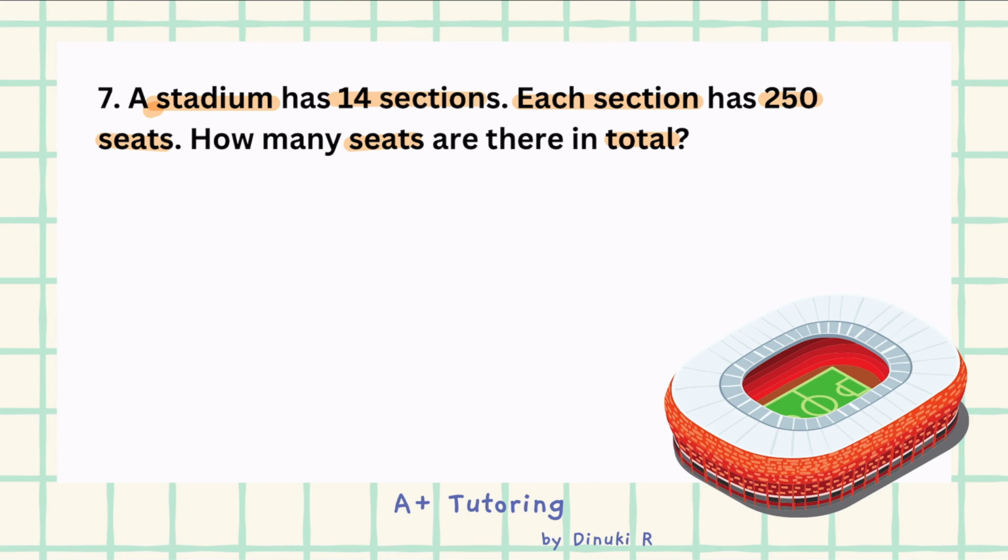Again, we're dealing with some big numbers there, right? When we think about it, a stadium with 14 sections, each of those sections has 250 seats. So we're dealing with a massive stadium here, right?